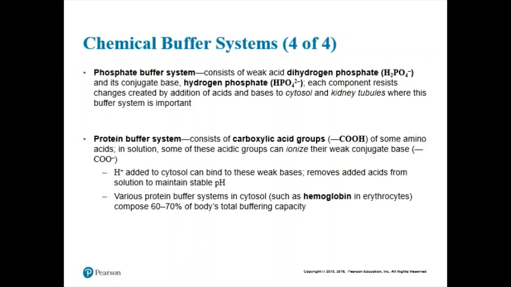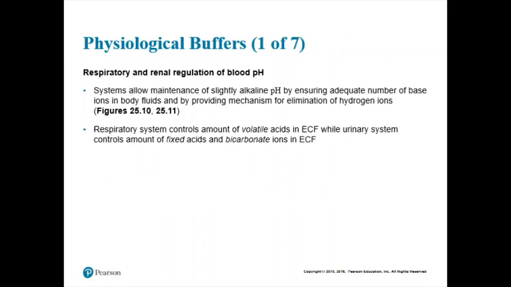So when you think about maintaining your pH levels, yes, you got to think about your buffer systems, but you got to think about your acids and your bases. And you got to think about acids and all the different types. And you got to remember that the major acid in your body is carbon dioxide. And it's a volatile acid, meaning it could change into a gaseous state.